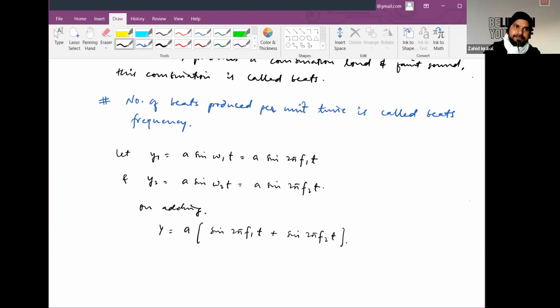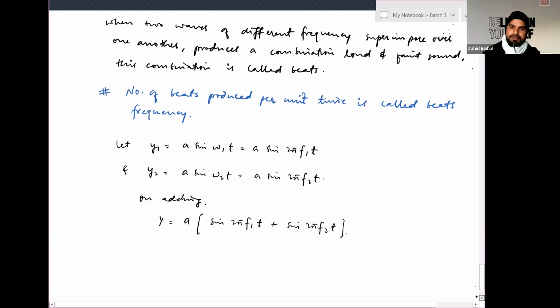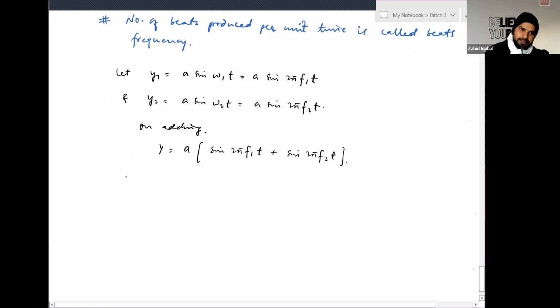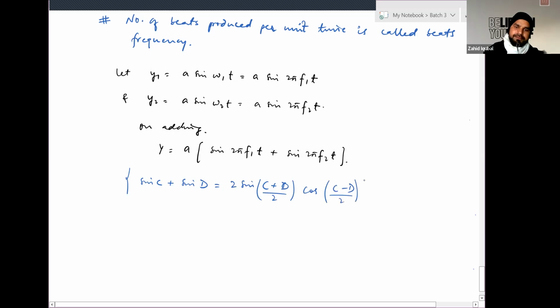We have two different parts in this expression. So we may use the above identity: sine c plus sine d is equal to 2 times sine of (c plus d) divided by 2 multiplied by cos of (c minus d) divided by 2. So using this, let's say this is c and this is d.